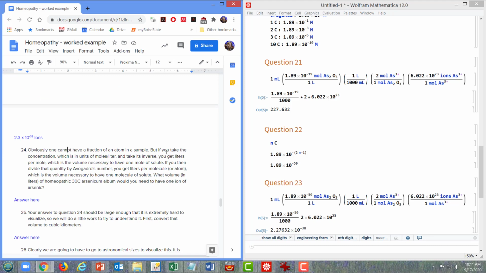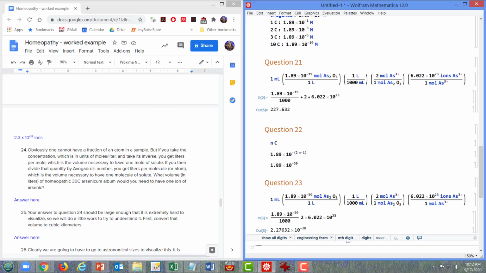So this is where we say take the inverse of the concentration, which is here ions per milliliter. Take the inverse of that, and we can find out how much volume we need for one ion.